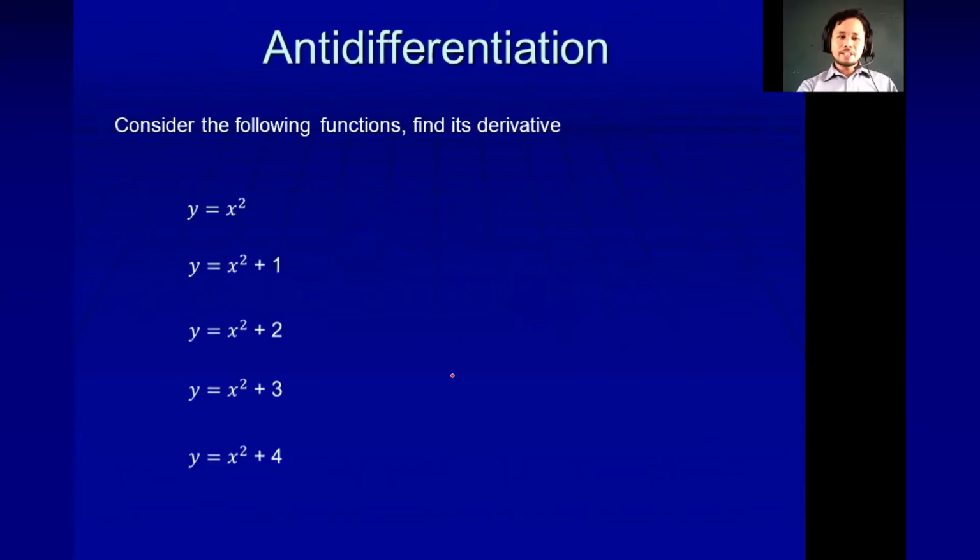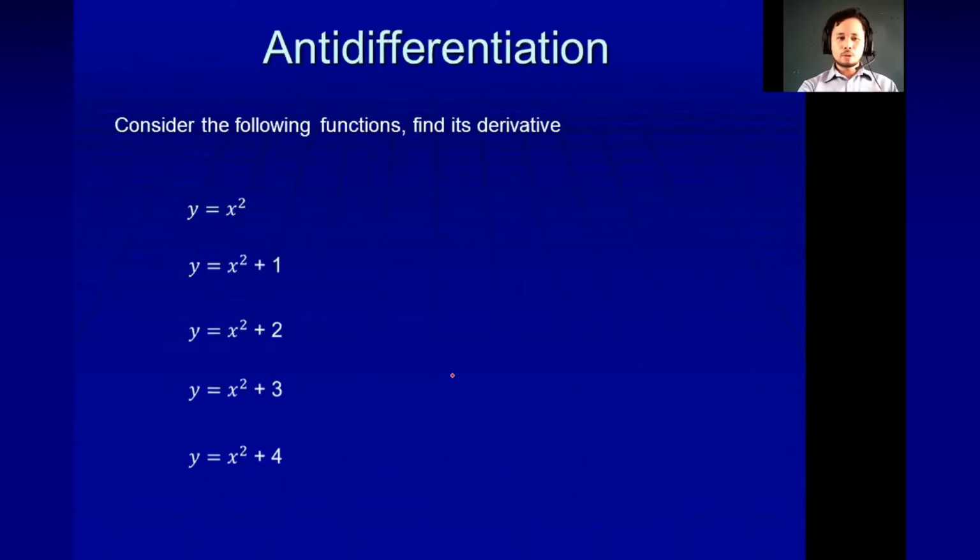Okay, so consider the following functions. Find their derivatives. In number 1, we have y is equal to x squared, followed by y is equal to x squared plus 1, then y is equal to x squared plus 2, fourth y is equal to x squared plus 3, and lastly y is equal to x squared plus 4.